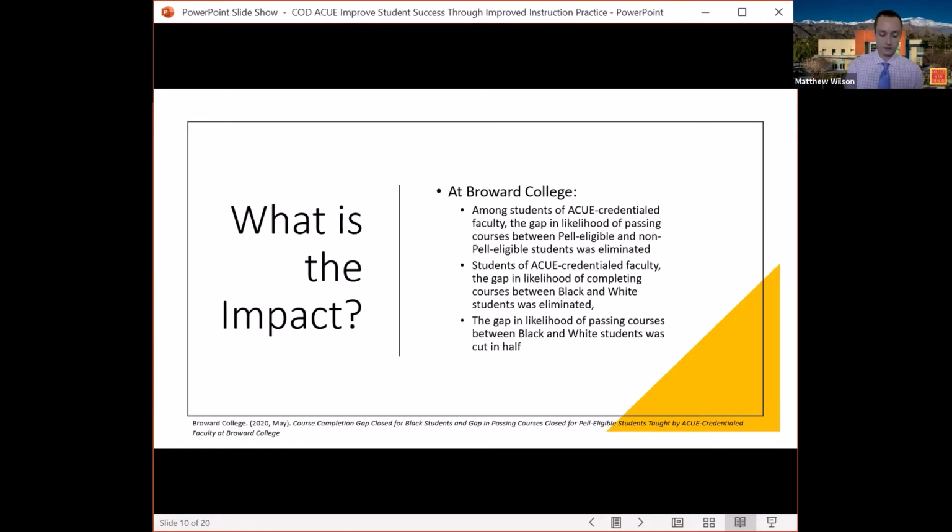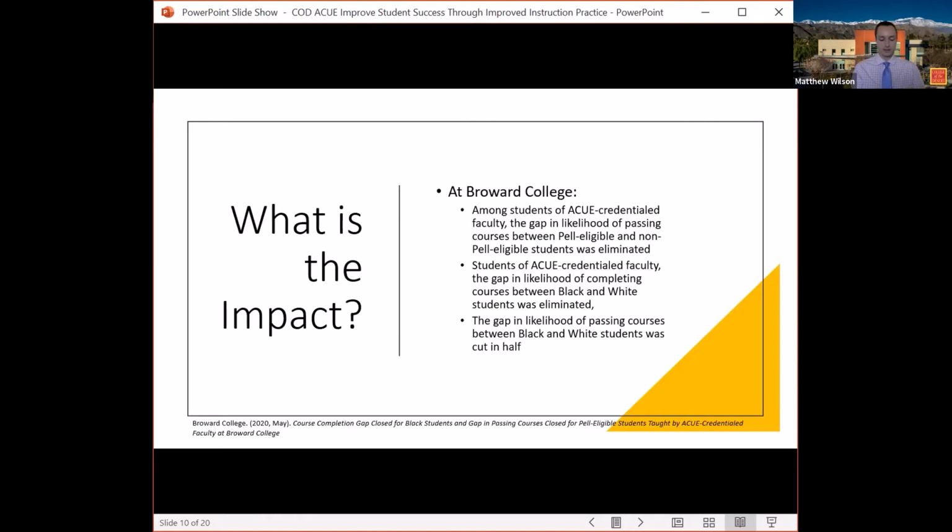Pell eligible students taught by ACUE faculty were actually 1.5 times more likely to complete their course than a Pell student taught by a non-ACUE trained faculty member. Pell eligible students of ACUE faculty were 1.2 times more likely to pass as compared to students taught by non-ACUE faculty members.